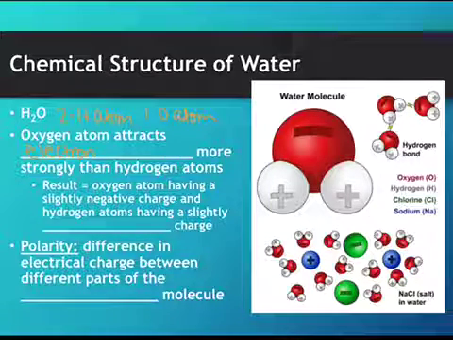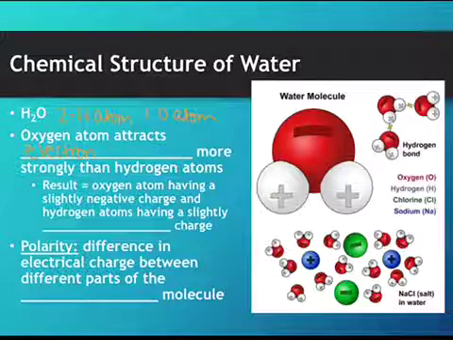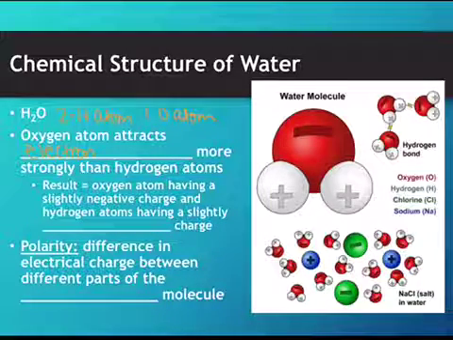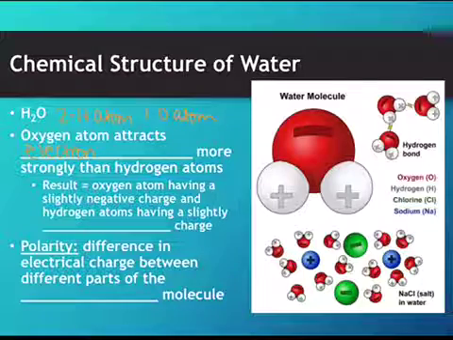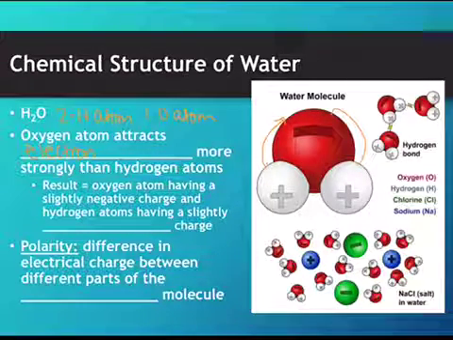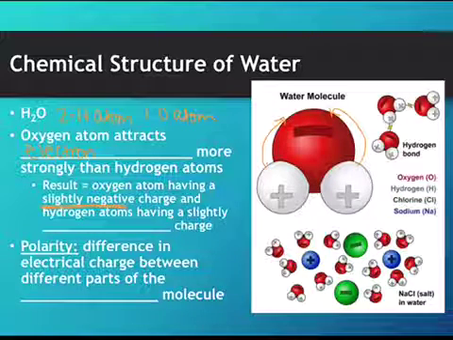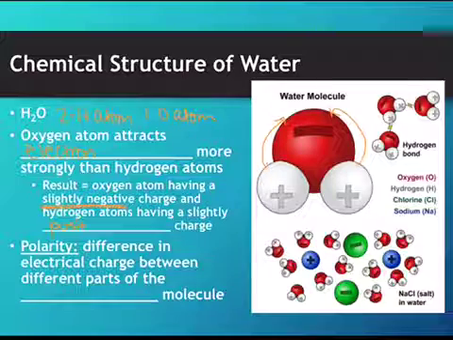So the oxygen atom actually attracts the electrons more strongly than the hydrogen atoms. So this red oxygen atom is pulling the electrons from the hydrogen over to the oxygen. This gives the oxygen atom a slightly negative charge and the hydrogen atoms a slightly positive charge.